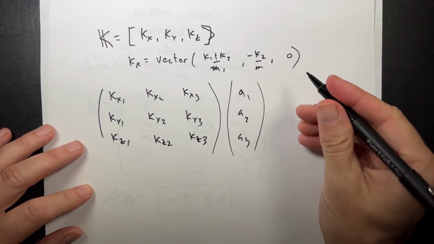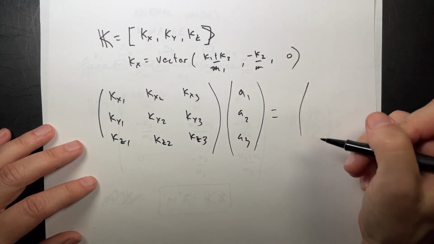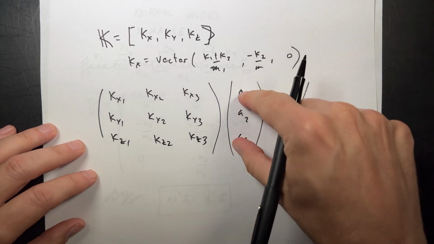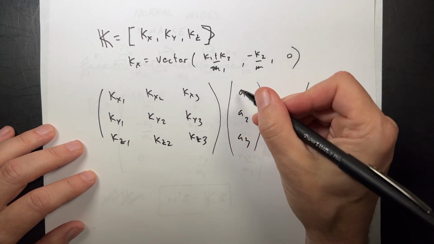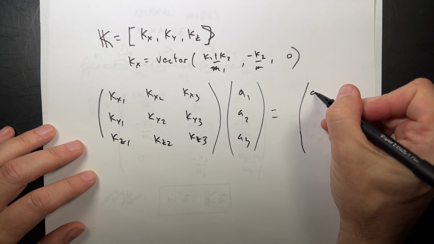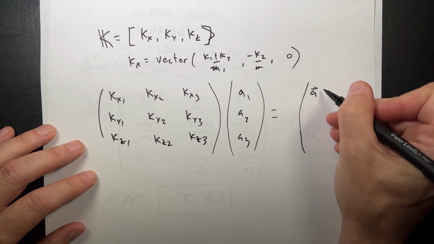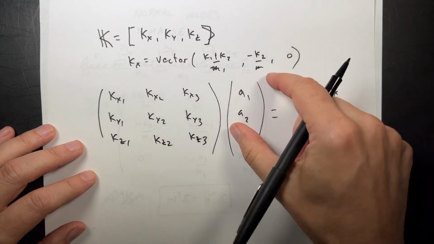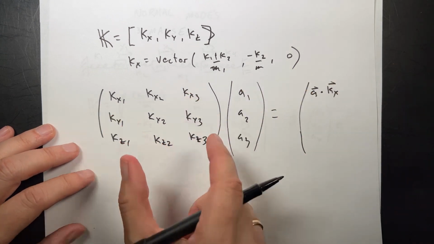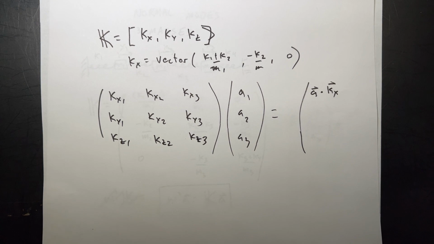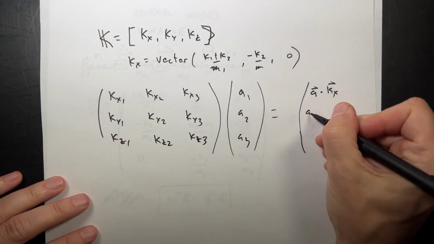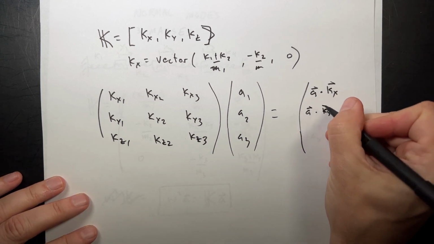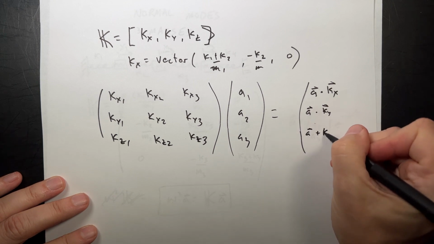Because I'm going to get this answer, which I'm going to write as a column, but it doesn't really matter. This first product right here is going to be equal to the vector A dot KX, right? Because here's the vector A, here's the vector KX. It's just the dot product, which we already have built into WebVPython. Awesome. And this is going to be A dot KY, and this is going to be A dot KZ.